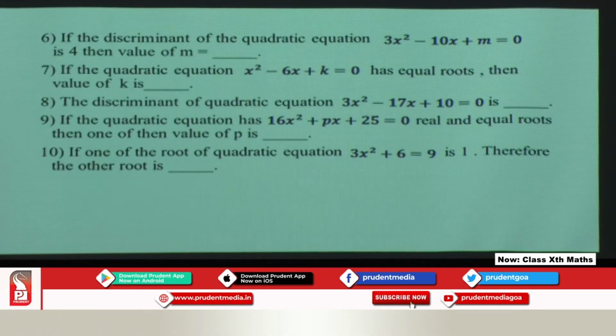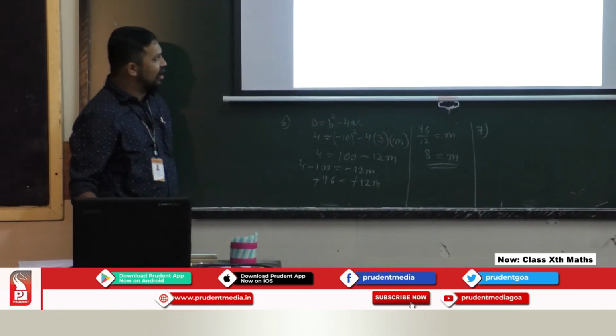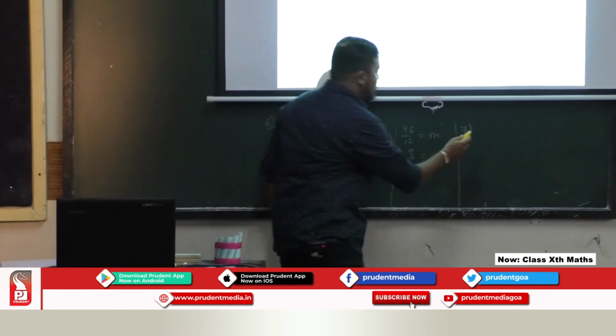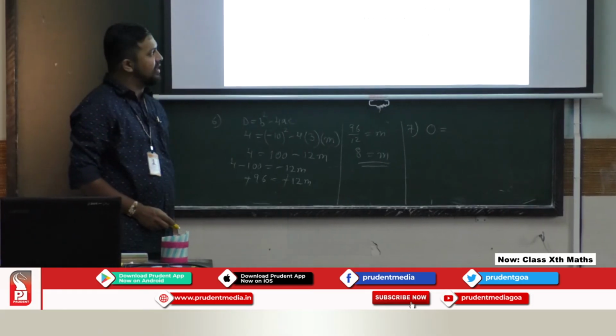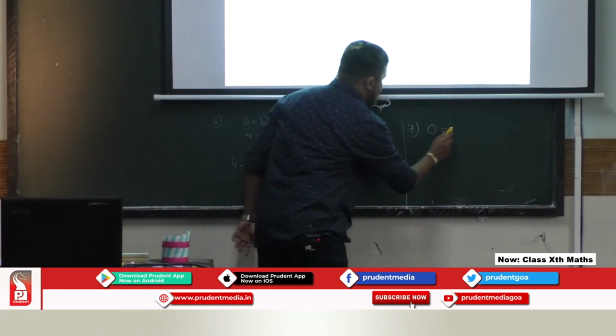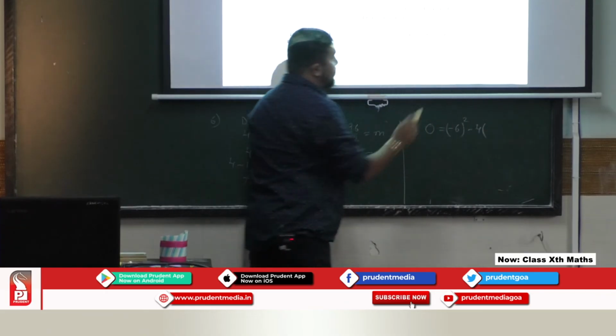The quadratic equation x square minus 6x plus k equal to 0 has equal roots. Question number 1, I said equal roots. So equal roots means discriminant is what? 0. Then the value of k is dash. So discriminant is 0. B square minus 4ac. My b is minus 6, the whole square, minus 4.